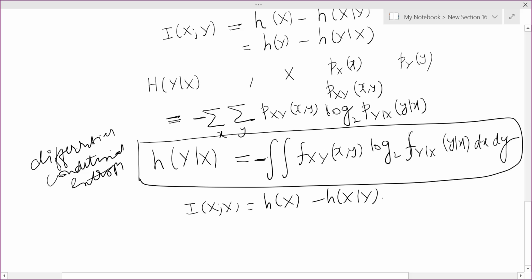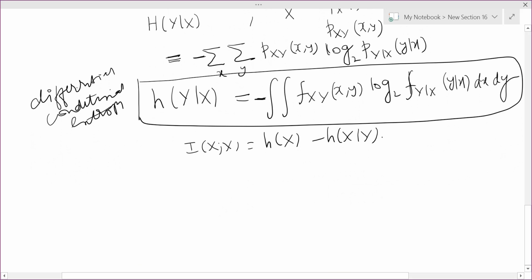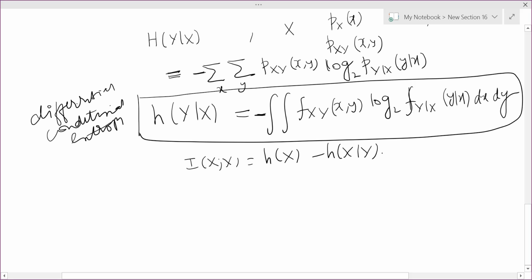Now we will introduce a very important and most practical channel model, called the Additive White Gaussian Noise, also called the AWGN channel.